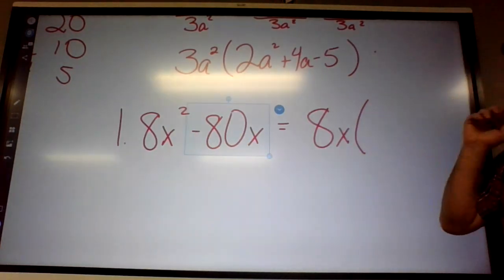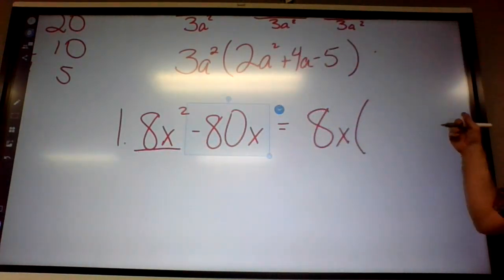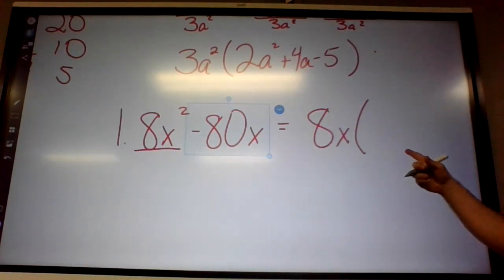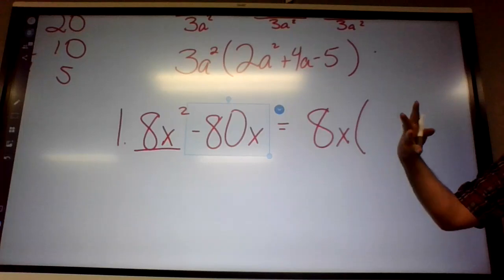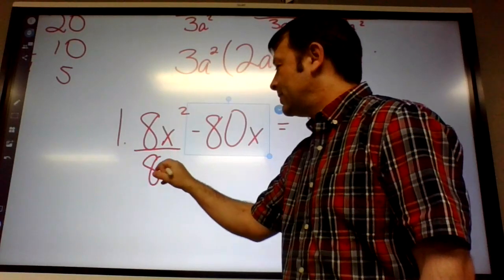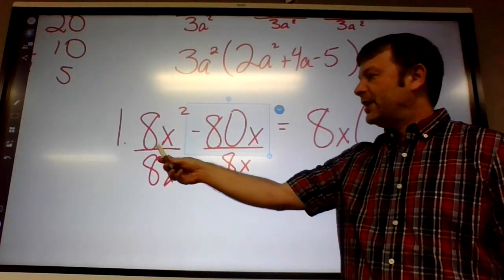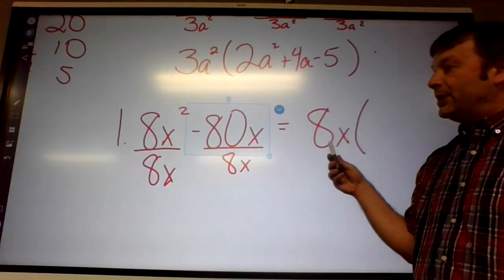Okay. Now, what we put in parentheses here is what's left after we take out an 8X. So instead of multiplying things together, we're dividing them apart. It's kind of the opposite of the last chapter. So basically what we're doing is dividing each of these terms by what we're taking out, 8X.